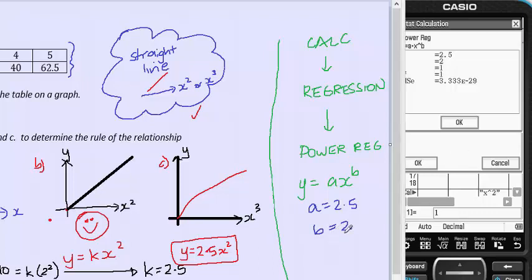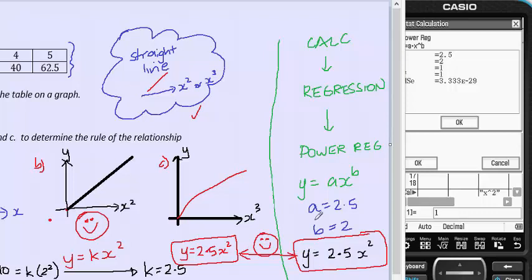So if a equals 2.5 and b equals 2, and it takes this format, then when I substitute my numbers in, I'm going to get y equals 2.5x squared. And wouldn't you know it, this answer and this answer are exactly the same.